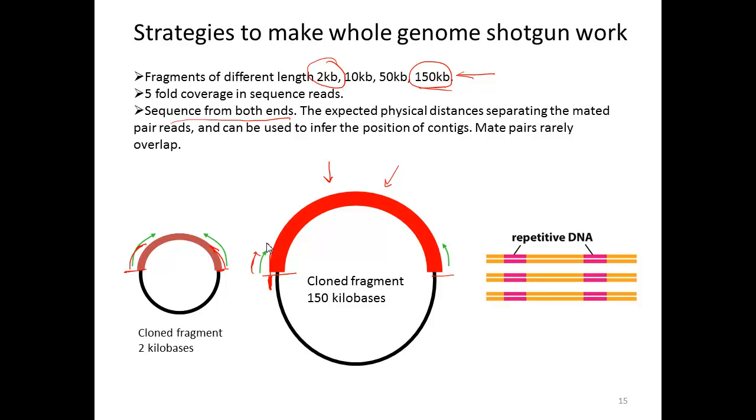But let's look at the consequences of knowing that this read and that read are 150 kilobases apart. So let's say one of the reads is here in a repetitive region, and the other, maybe 2 kilobases, will be right over here, and not to scale, 150 kilobases is over here.